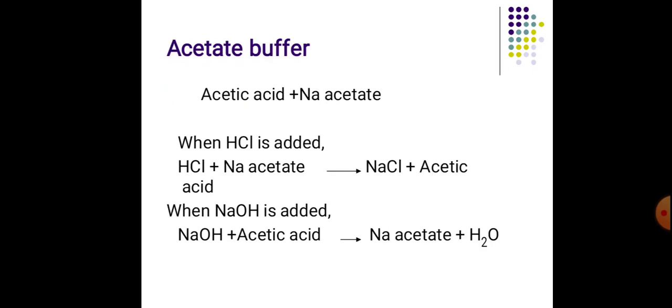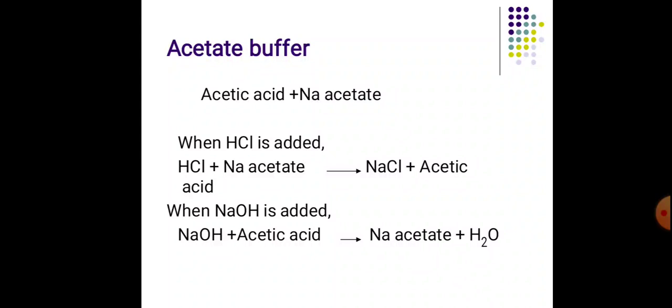So, I told you before that a buffer is a solution that resists the change in pH when we add either acid or base. So, let's consider this example. Here is an acetate buffer. What are the components of acetate buffer? It's acetic acid with sodium acetate. When we add an acid, that is HCl, to it, what will happen?